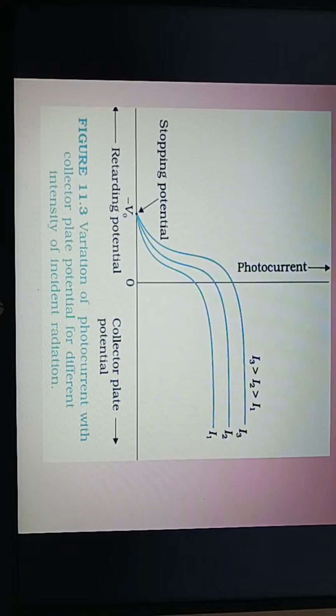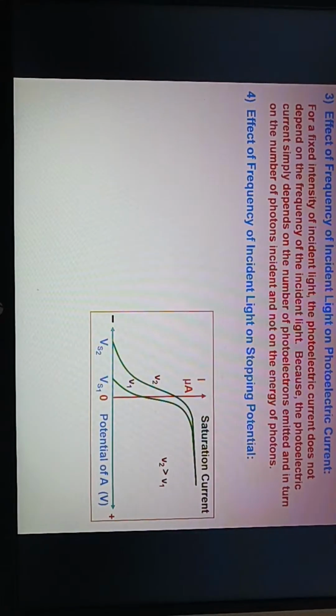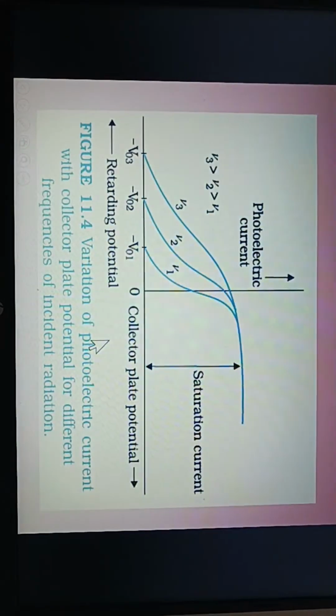Am I right? But in this case, what is happening? It is one stopping potential, it is another stopping potential. Like that, three times it is coming. For this is the saturation current. This is stopping potential. This is stopping potential. This is stopping potential. Have you found the difference in the graph or not?